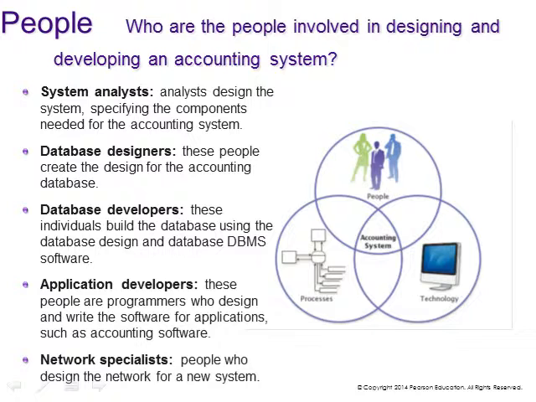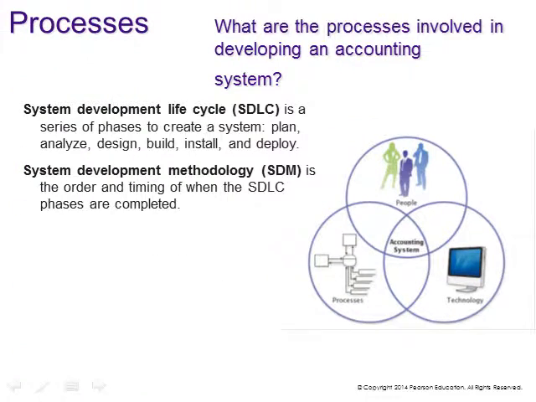And generally, when we're talking about all the other four, we're talking more IT, technology-focused staff, and not as much accounting staff. Still, we have to take into account that we have these resources that we need to include in our accounting system development.